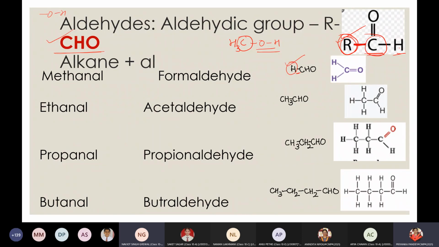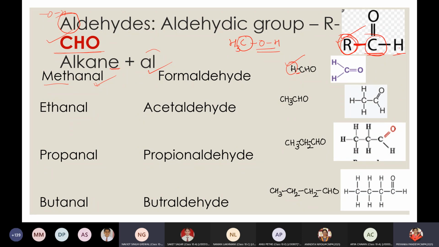The first member of aldehyde, the naming is the same. We are going to remove E, and because it is aldehyde, Al becomes the suffix. The suffix will be Al here. So the first member of this group, because meth specifies 1 carbon atom, will end with Al to tell the substance has a functional group called aldehyde.